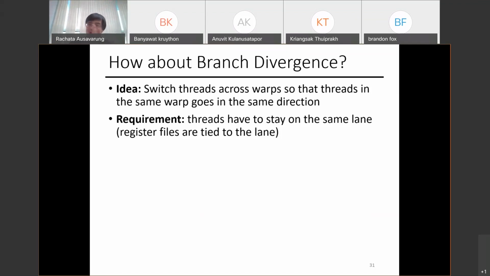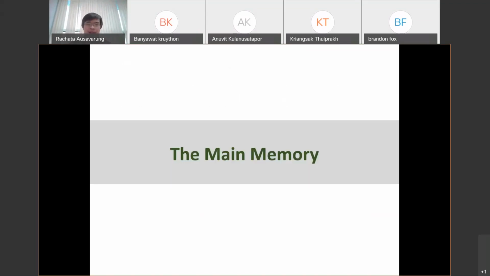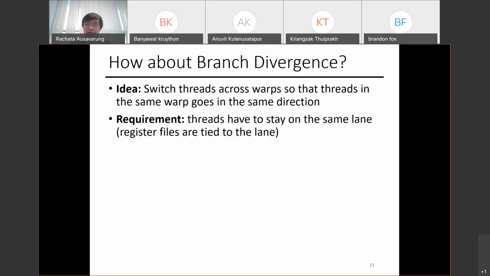So if you switch to a different lane, you lose all your data. So when you switch from warp A to warp B, if you're in lane number 3, you need to stay in lane number 3 in warp B. There are some follow-up works that talk about additional hardware overhead to reduce these requirements. Now you can switch in a more complex way and reduce the branch divergence problem on GPU.